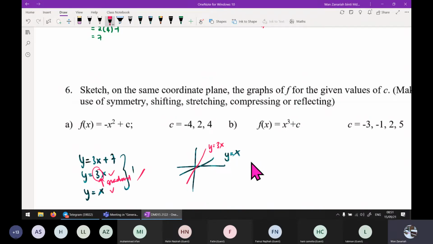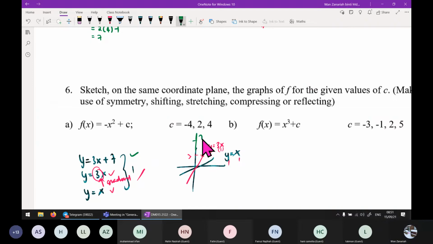Because member ni bila x dia 1, y dia baru 1. Tapi untuk function 3x, when your x is 1, 1 times 3, your y is already 3. So of course lah, it will be higher. But then it will cut at 0 juga. Okay, now they want you to sketch. Since the question want you to sketch at the same graph, so now sketch 3x plus 7.